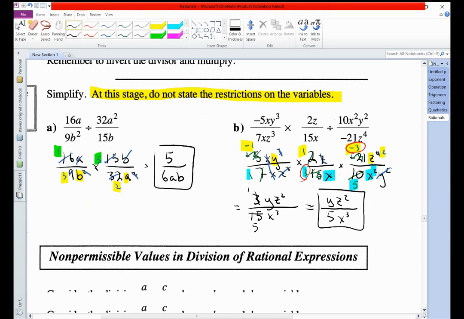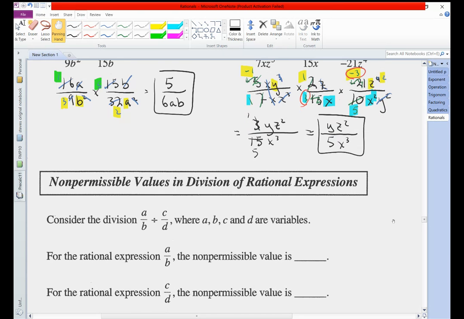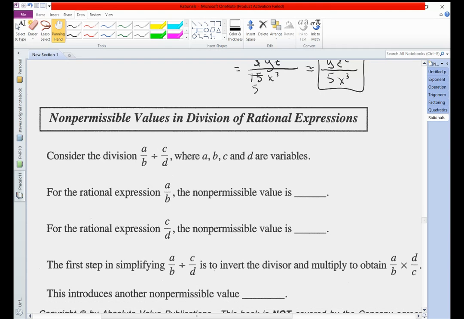Awesome. So let's start talking about non-permissible values. So they use an example here. If we have a over b divided by c over d, where all of these are variables, then for the first term, a over b, the non-permissible value is that b cannot equal 0. In the second term, c over d, the non-permissible value is that d can't equal 0 because d is on the bottom.